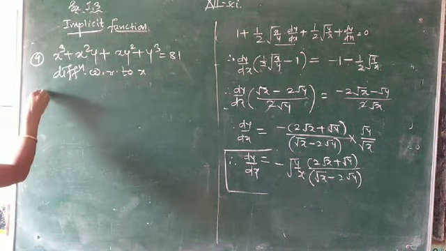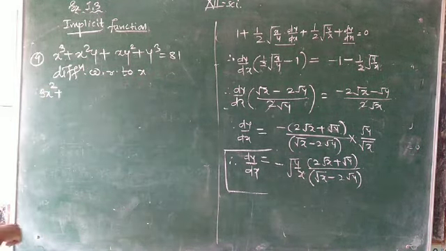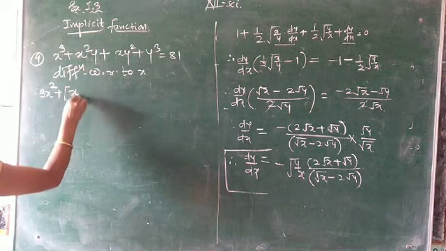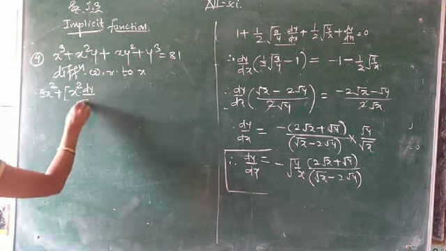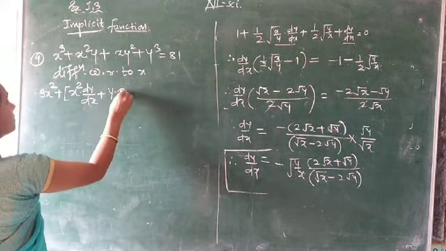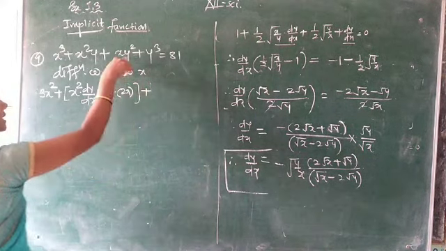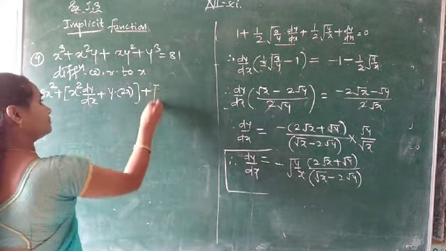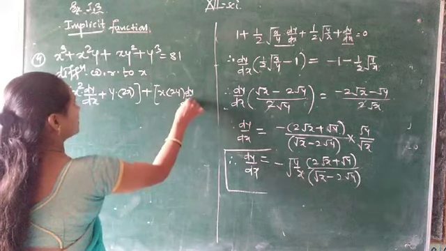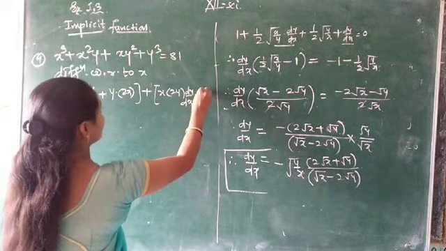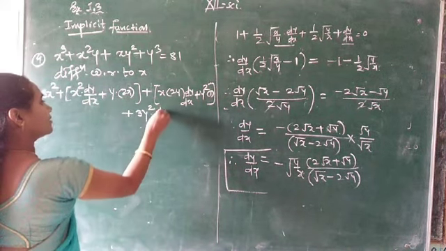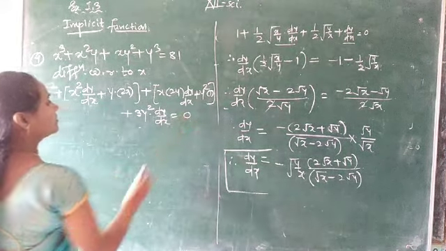Therefore, the derivative of x cube is 3x square. And to find the derivative of x square y, here we use the product rule. So first write x square as it is into the derivative of y, dy upon dx, plus y as it is into the derivative of x square, which is 2x. Plus, again we use the product rule in xy square: x into the derivative of y square, which is 2y into dy upon dx, plus y square as it is into the derivative of x, which is 1, plus the derivative of y cube, which is 3y square into dy upon dx, is equal to 0.